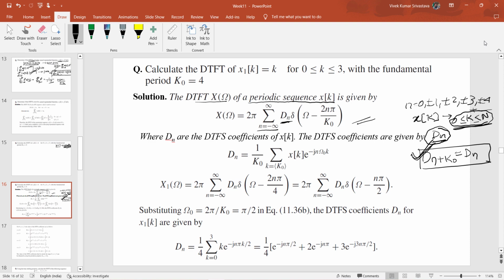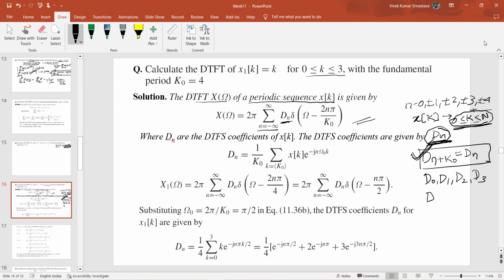Let us first determine the value of dn within the interval which is given to us, that is from 0 to 3. It means that we have to determine the values of d naught, d1, d2 and d3. The remaining values of dn can be evaluated as follows.